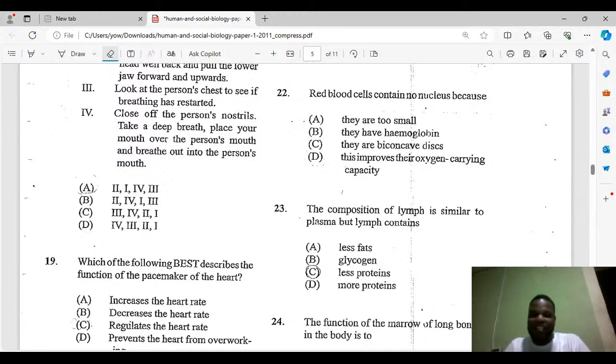Lymph. Your lymph nodes. What is lymph? Anybody here that can tell me what lymph is? The lymphatic system. Have you ever heard of that?